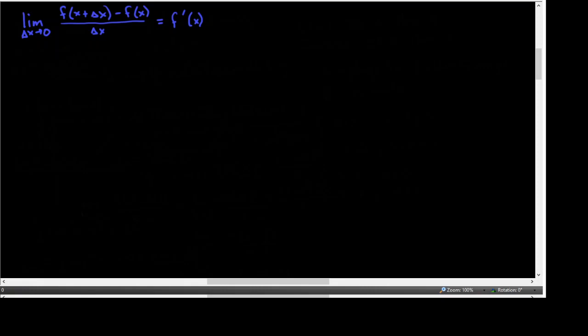So what we're going to do now is start with some basic functions and see if we can find their derivatives and maybe generalize to something as a shortcut, if you will.